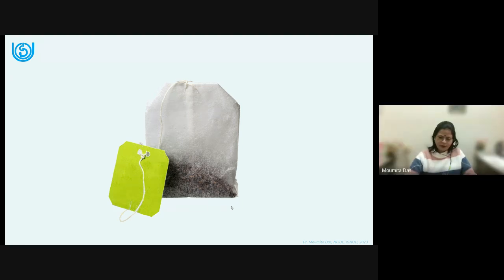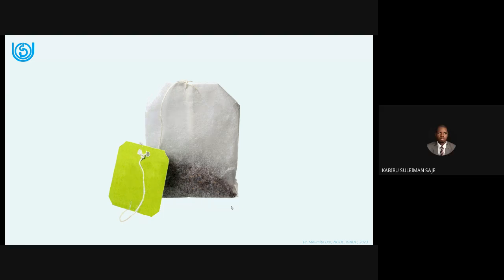Very good. Can somebody tell me what are the different parts of the tea bag? Yeah, there are two different types of tea bags. This one is very small, and the reason behind it is the content level of the company.